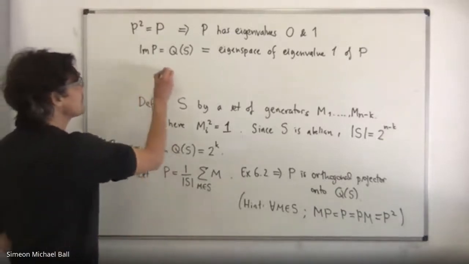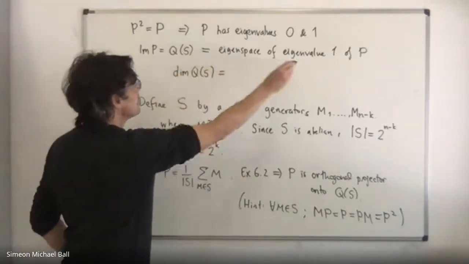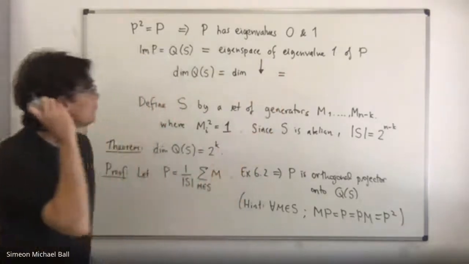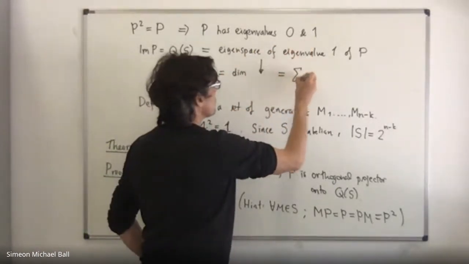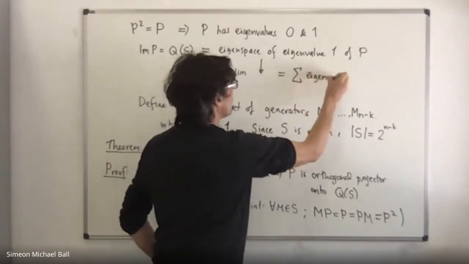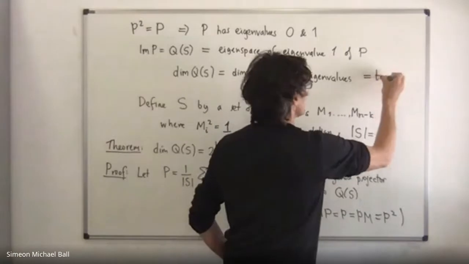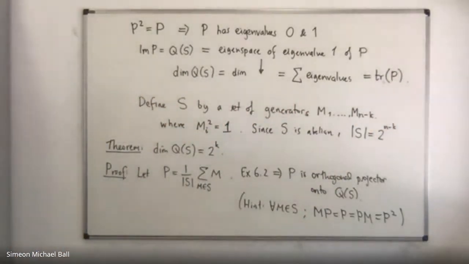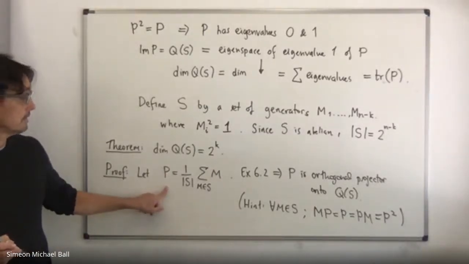So what's the dimension of the eigenspace of eigenvalue 1? Well, the dimension of the eigenspace of eigenvalue 1 will be the sum of the eigenvalues, because the eigenvalue is 1, and that is equal to the trace of P. So now we have to calculate what is the trace of this operator.